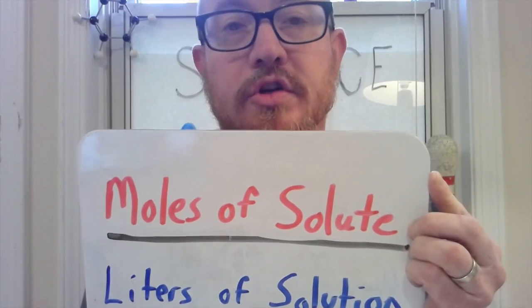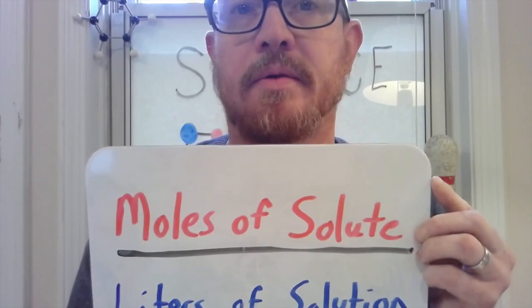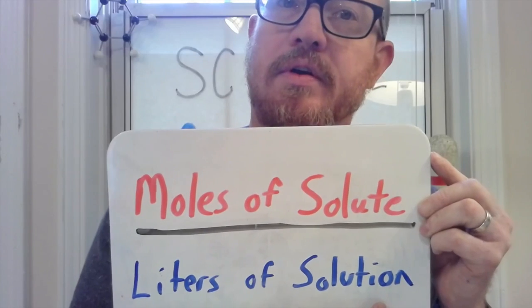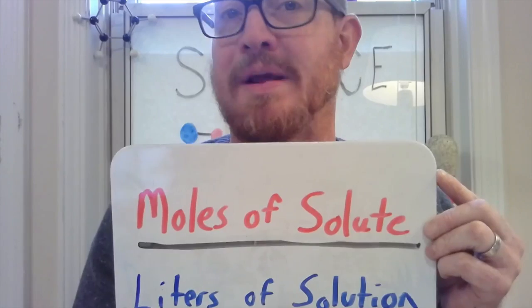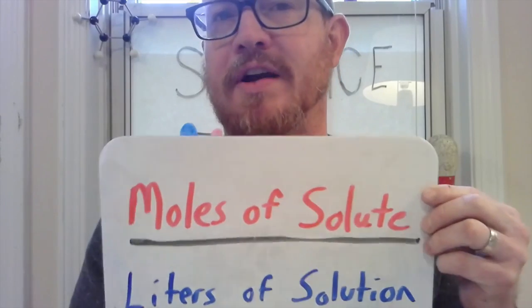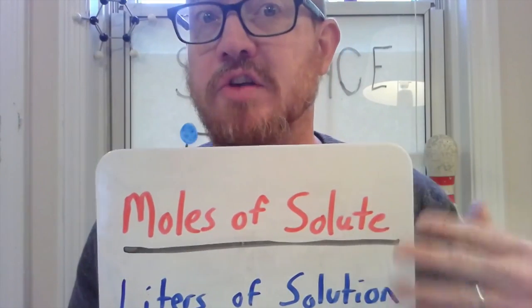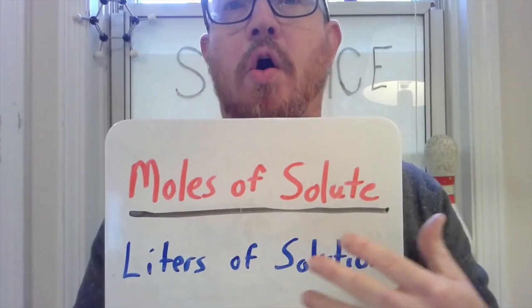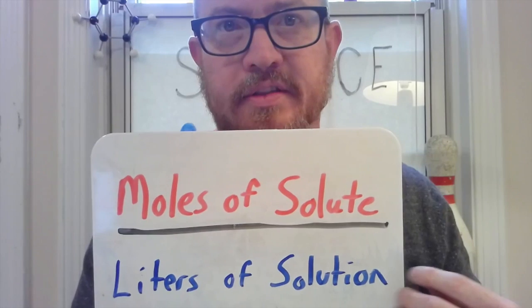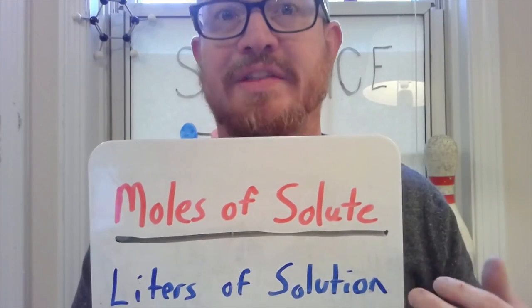Now, the solution in this case, remember, the solute plus a solvent equals the solution. So salt plus water makes salt water. So what we're trying to find out is how much salt is there in all of the salt water? So this solution over here is the salt water, the end result.